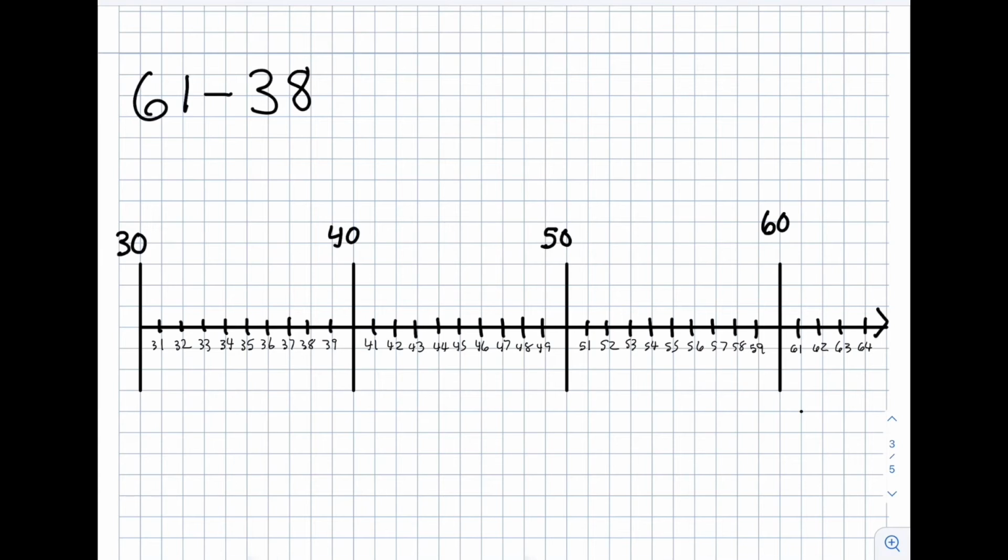So if I were recording this on the board as I talked, I'd say, well, I want to make 38 into 40. So I'm going to add 2, which means that I also need to add 2 to the 61. So I made this into 63 minus 40, which is 23.